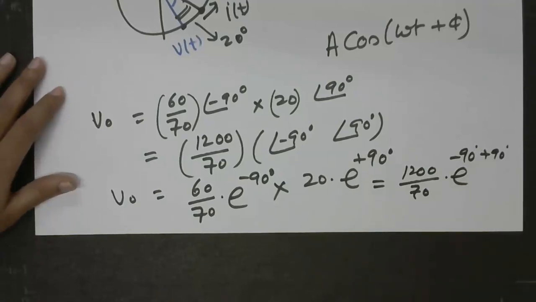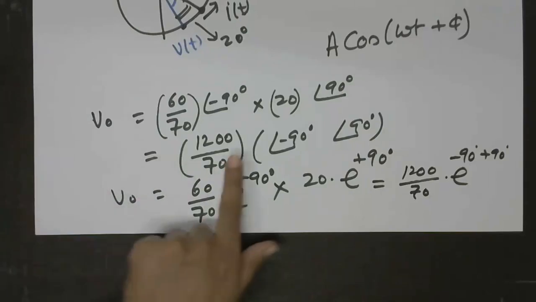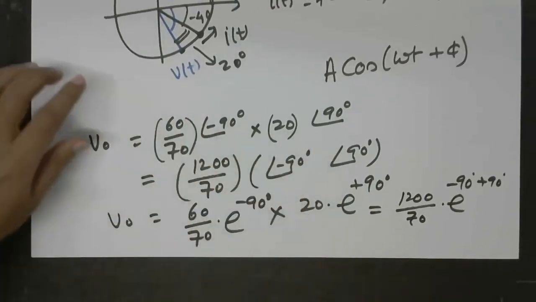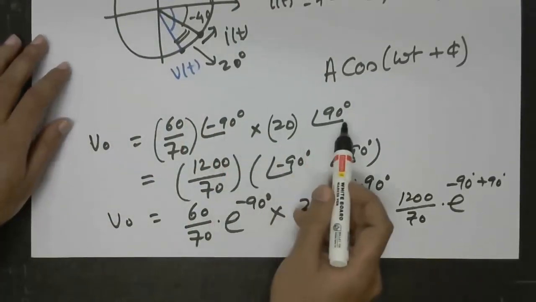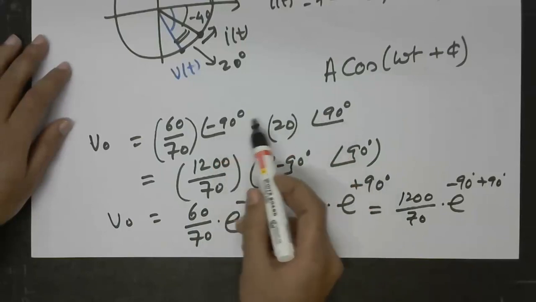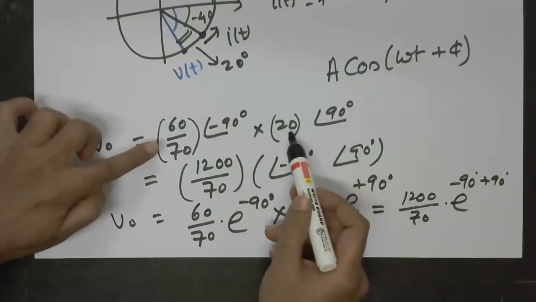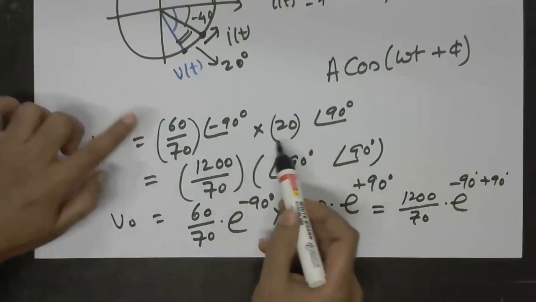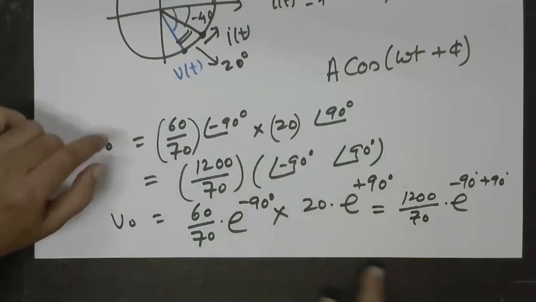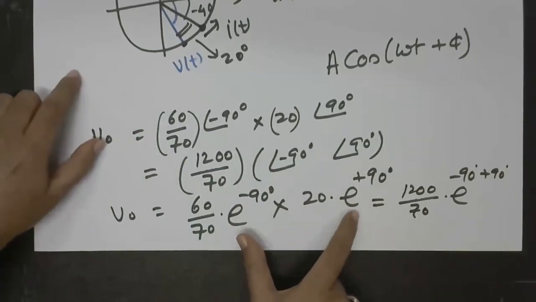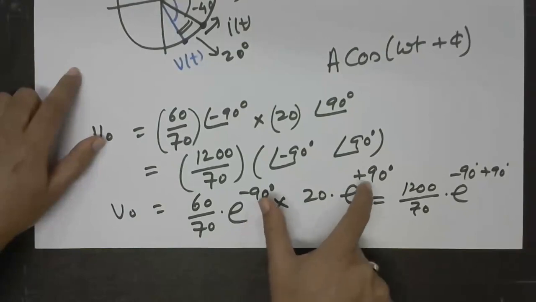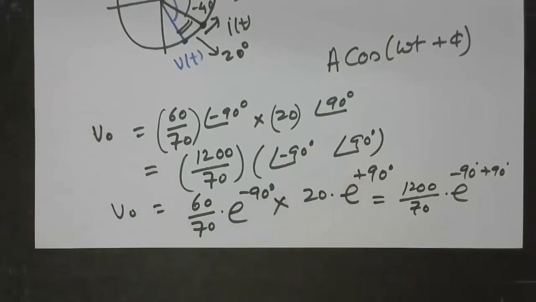So this will become 0. So when quantities are written in phasor form and multiplied, the phases get added, but the coefficients or amplitudes only get multiplied, and that happens because the powers of the exponents get added.